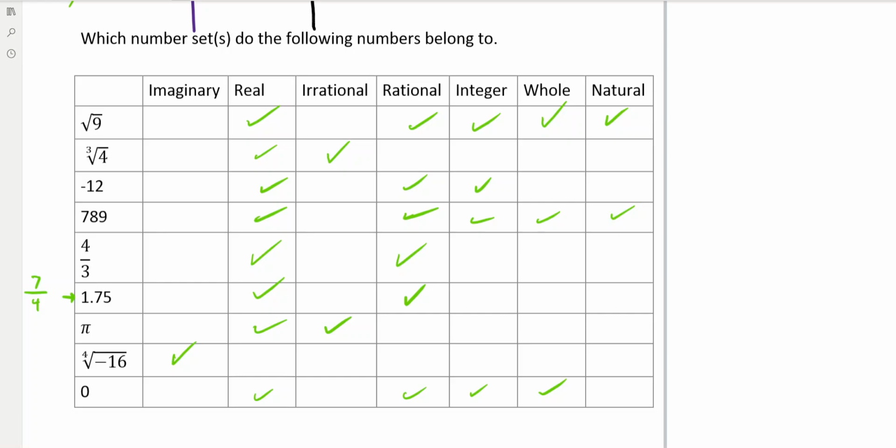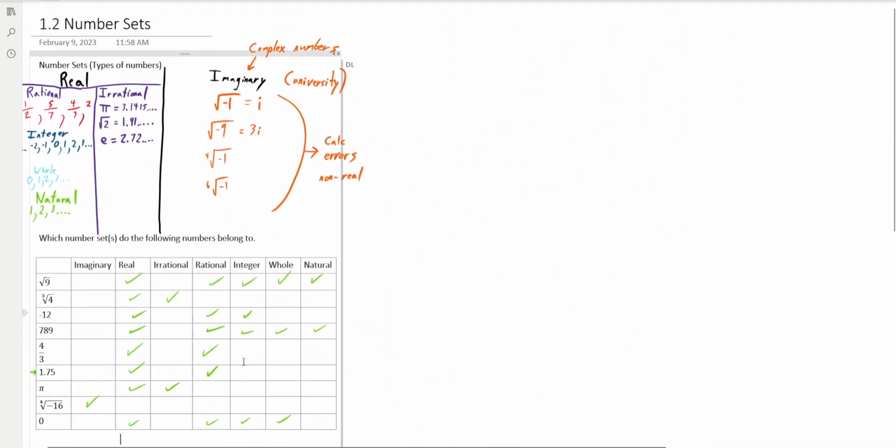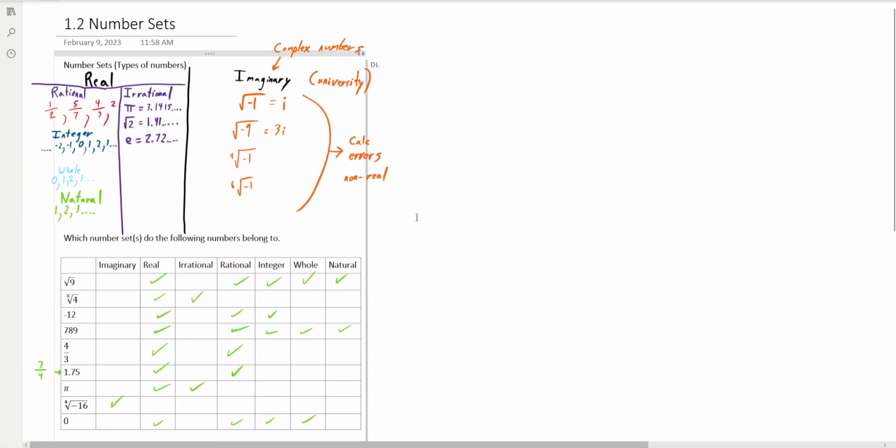Okay, so hopefully this little check was helpful, and hopefully it explained number sets a little bit more clearly for you. Hope this video helped, and good luck.